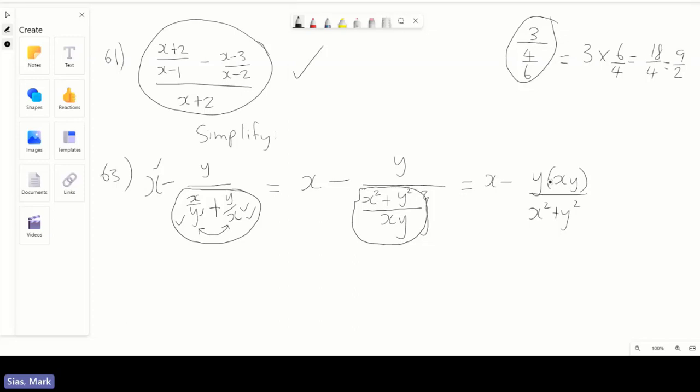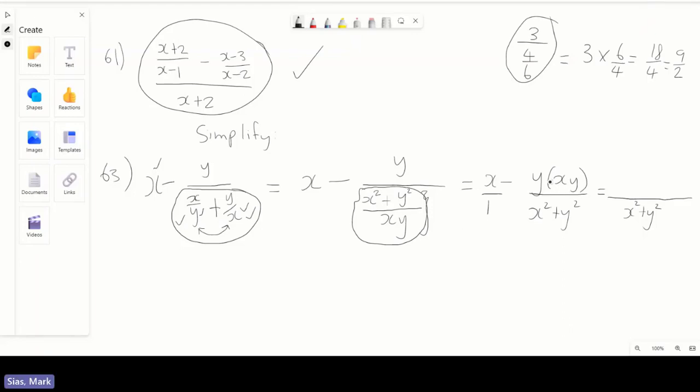So without further ado, I can now say my LCD here, the denominator of x is 1. So my LCD here, well, it's x squared plus y squared, right? Then I divide x in there.